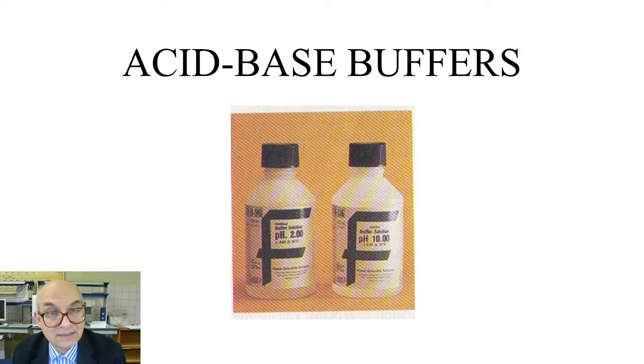And in this case, we can say that if we want to prepare an acid-base buffer, we must take a conjugate acid-base pair. It is a necessary condition for preparation of the buffer.